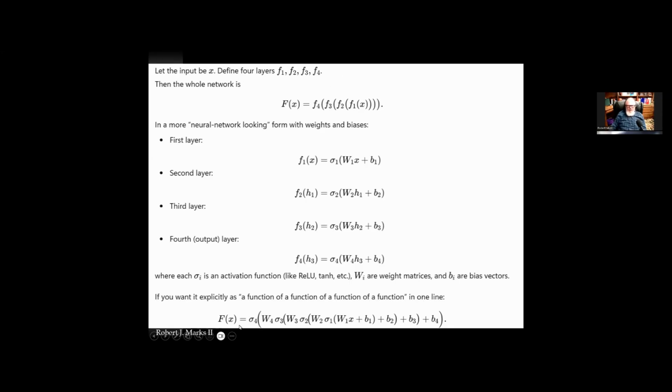So if we put these equations into here, we get this result. We get that the output is equal to this long nested expression. Okay, and so we have all of these very interesting results. And what do we have to do? Well, we have to find the weights which minimize the difference between what we got and what we want. Think about this.